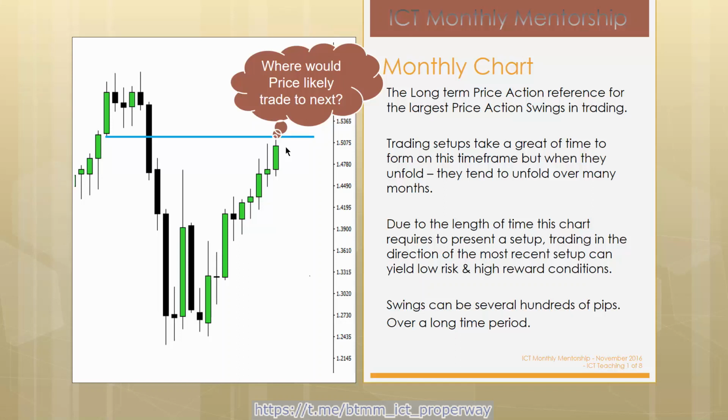the question is where would price likely trade to next? On the monthly chart, again, this is no different than what you see me do on a 15-minute chart, an hourly chart, or even a daily chart. But where would you reasonably expect to see price trade from once it trades at this level here? Well, what's under there? We got basically equal lows, but look at the bodies of the candles also.